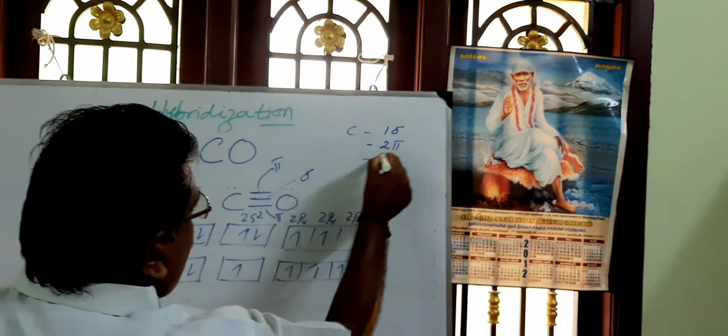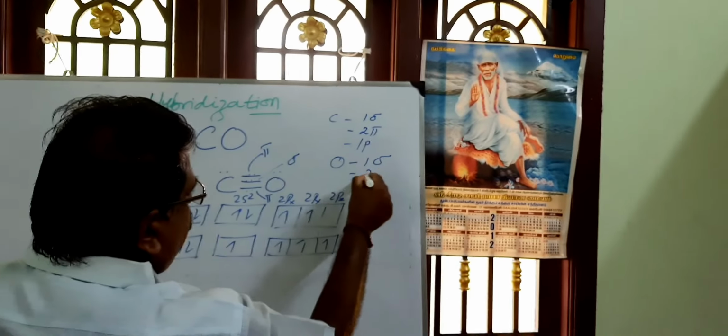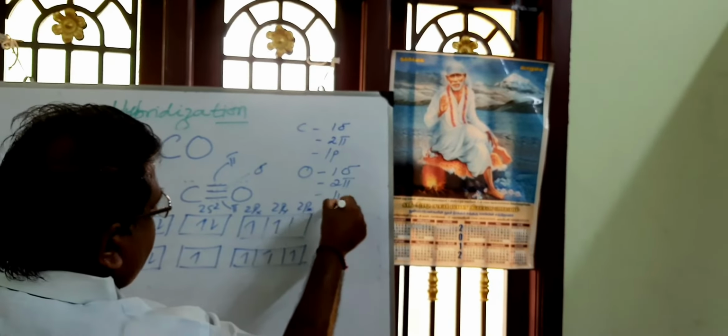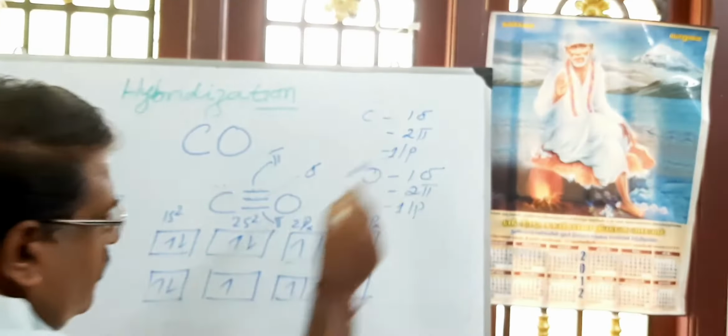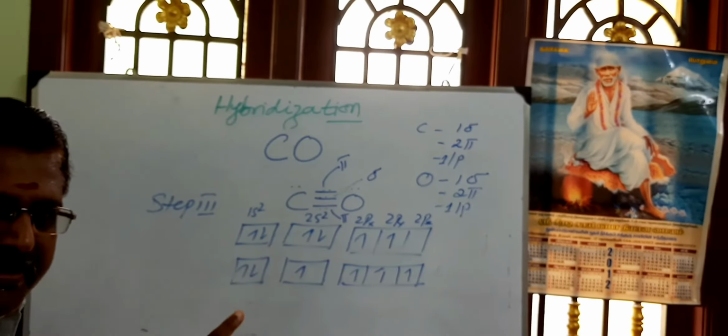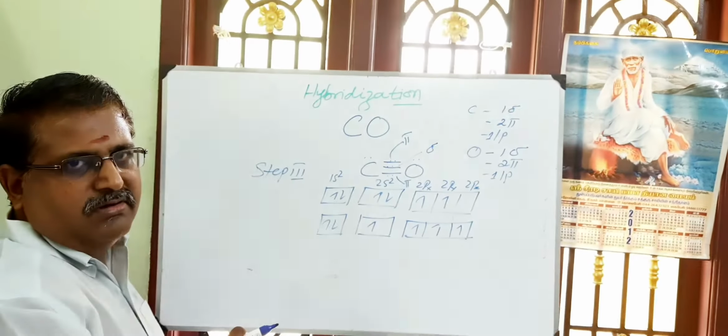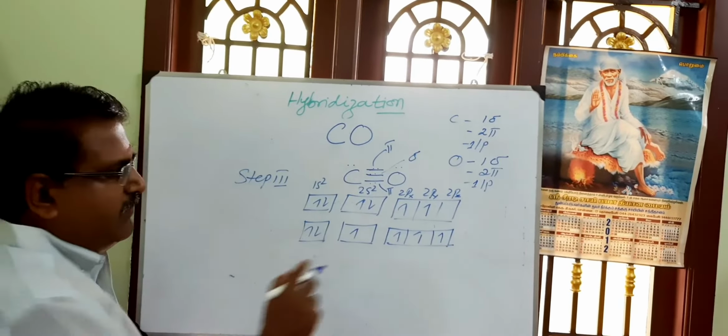Oxygen also has 1 sigma bond, 2 pi bonds and 1 lone pair. As I mentioned earlier, to have a sigma bond, we should have a hybridized orbital with 1 electron. To have a pi bond, we should have an orbital with 1 electron. Half-filled orbitals we need. For a lone pair, we need a hybridized orbital with 2 electrons.